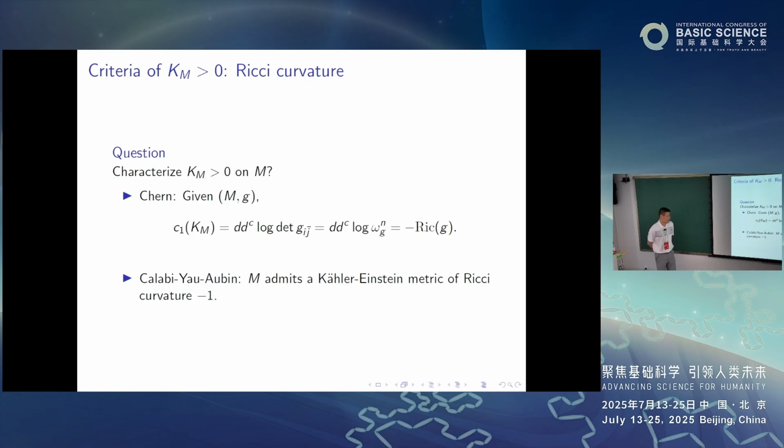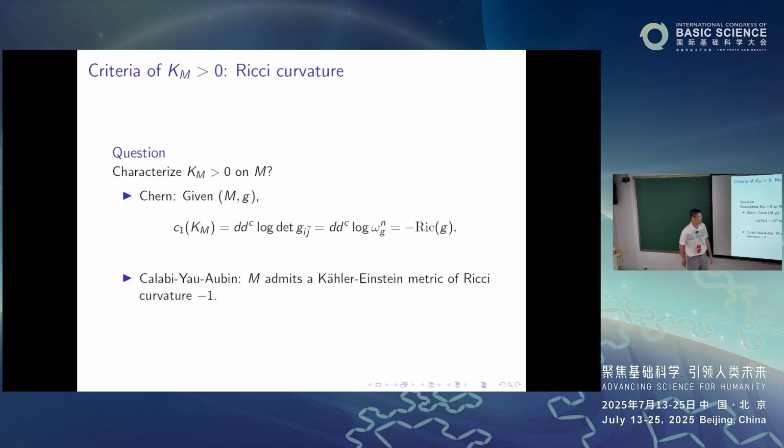By Yau's solution of the Calabi conjecture, M admits a Kähler metric with Ricci curvature equal to minus 1. Then this will be positive. So the criterion is that if M admits a Kähler metric with Ricci curvature minus 1, then K_M is positive.